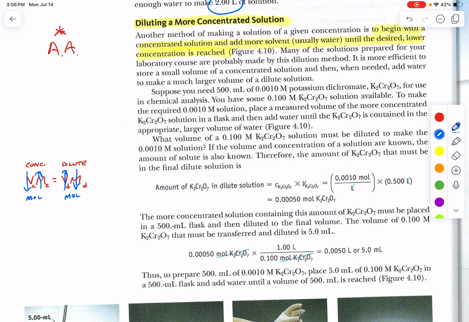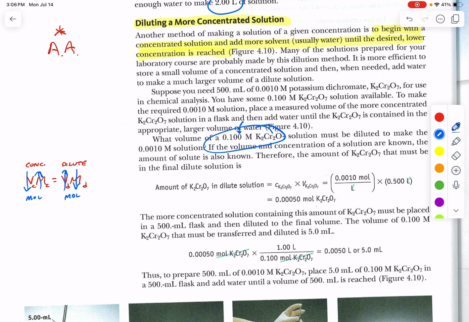So if I have a solution of potassium permanganate, maybe I said I do not want to go to the trouble and try to make in my chemistry lab 0.100 molar potassium dichromate. Boy, getting that third significant digit there would be kind of tricky. I'm in a hurry.